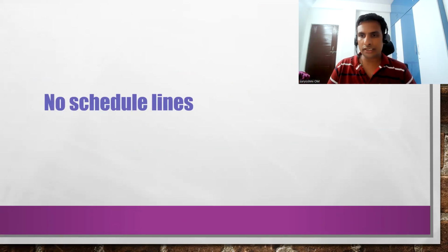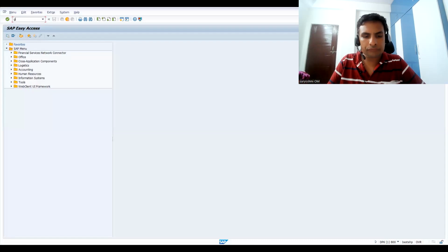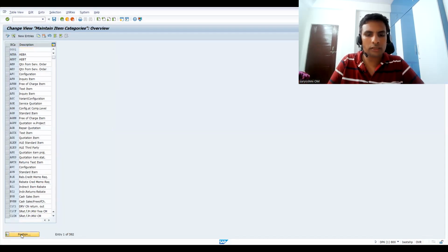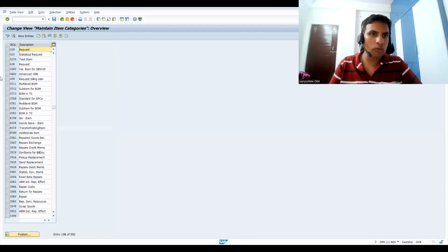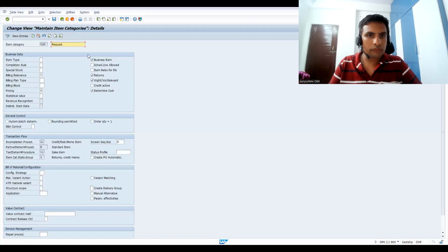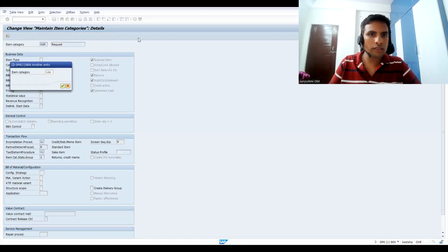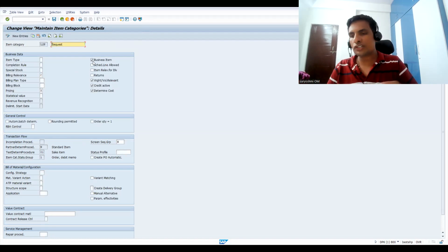Let's get into SAP to give a clear explanation. For example, in Vivo V7, if you go here, what is the item category for credit memo? G2N. If you look here, no schedule lines. And let's go to the debit memo, L2N, you don't have schedule lines. Why is it not checked?